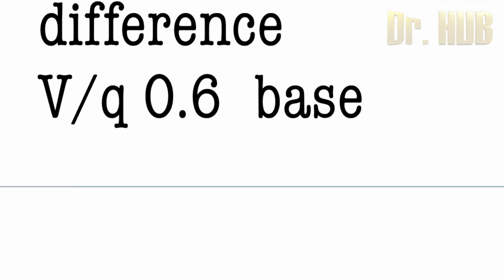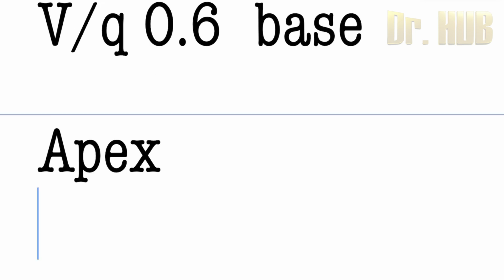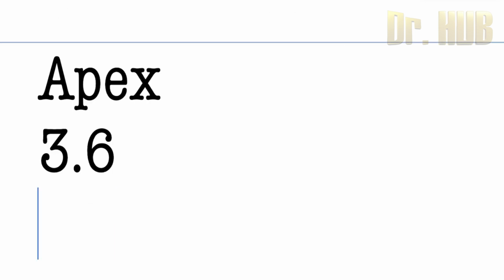So the V by Q ratio, as we saw, is 0.6 at the base, and at the apex, you add 3 more, that is 3.6.